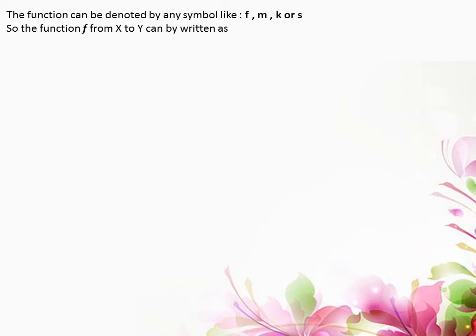Another point in our lesson, let's express the function by symbolic sentence. We can denote the function by any letter as F, G, M, and so on, but the famous is F from the word function, the first letter.